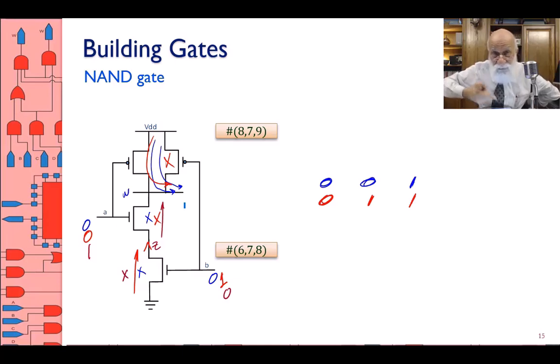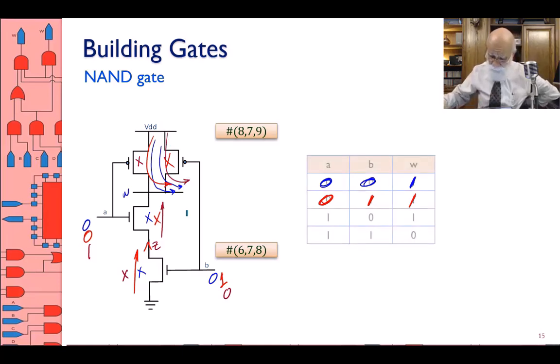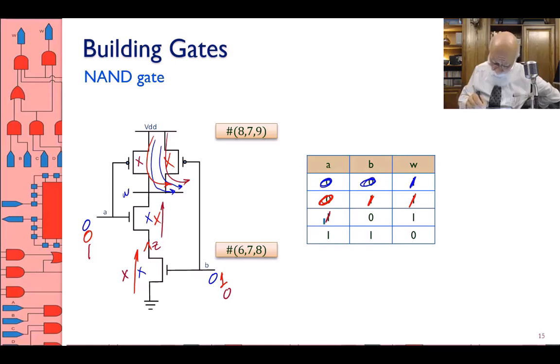It's putting nothing on the output. That means the lower path doesn't do anything to the output. Look at the upper path. This is not conducting, but this is conducting, and therefore, as you see, I have a 1.